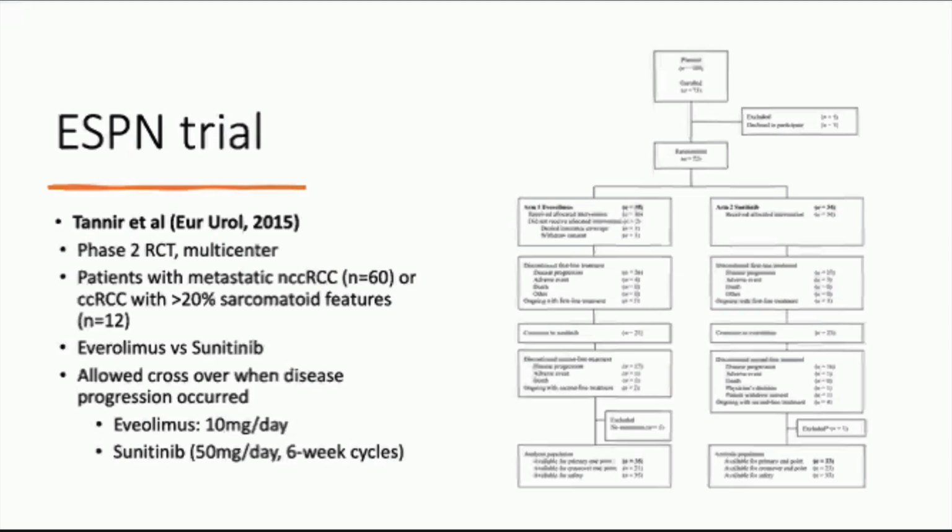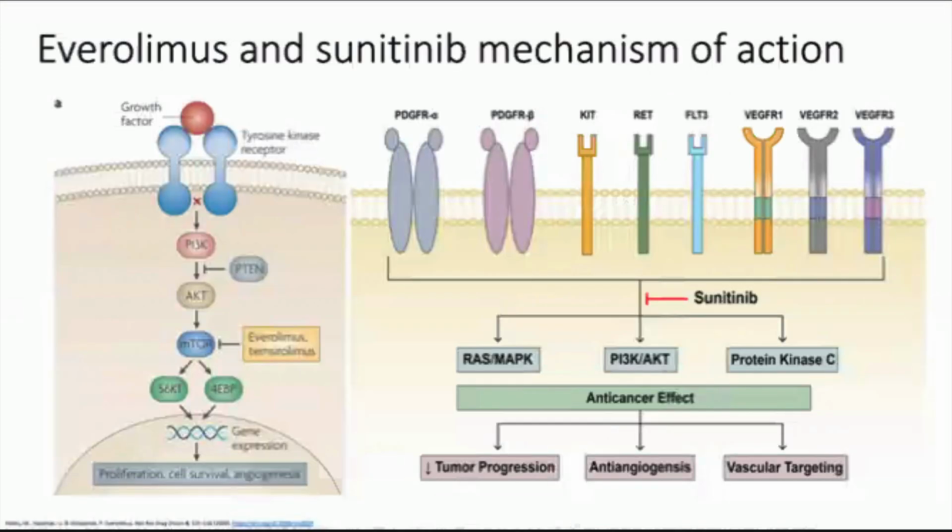When disease progression happened, they allowed their patients to cross over from one regimen to the other, and both drugs were given on a daily basis, with sunitinib being given on a 6-week cycle, where they got 4 weeks of the medication and were off for 2 other weeks.